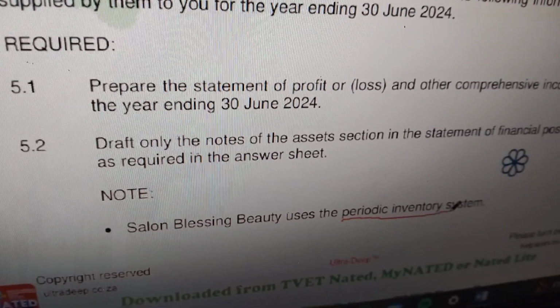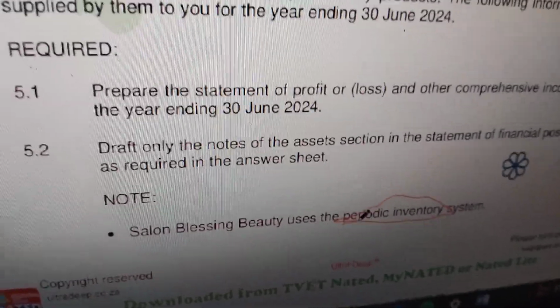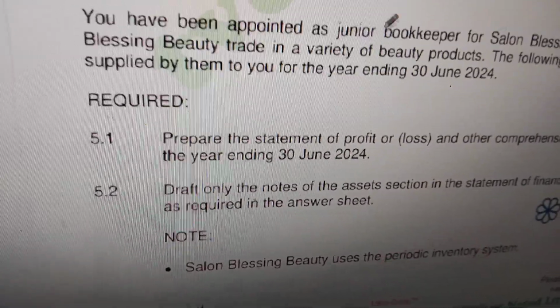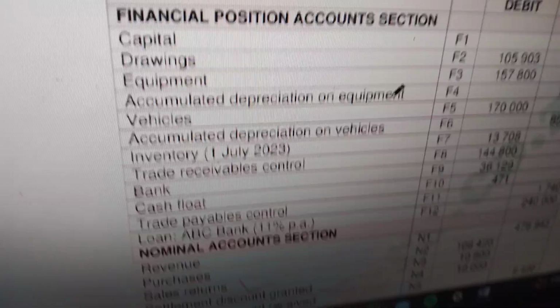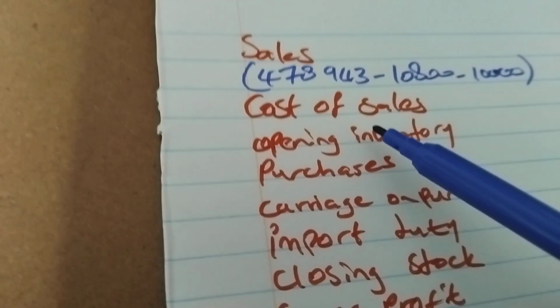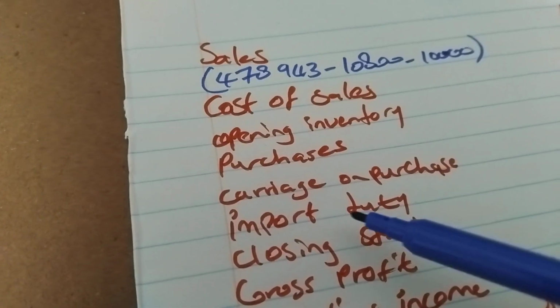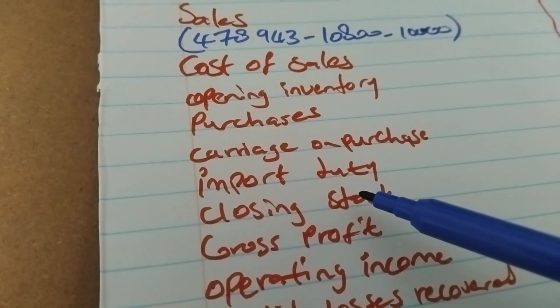The periodic, we'll need to calculate the cost of sales. We do have the structure of calculating the cost of sales, which is opening inventory plus the purchase plus carriage on purchase plus import duty minus the closing stock.